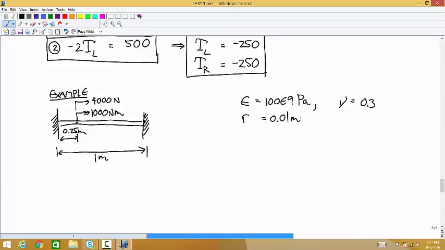And let's say that in addition to this, the temperature is also decreased 50 degrees Celsius from the zero load temperature.